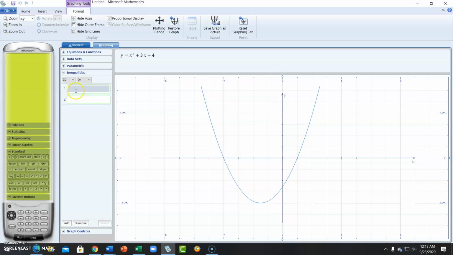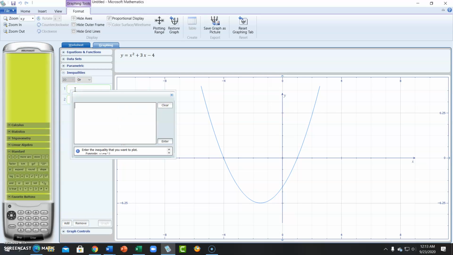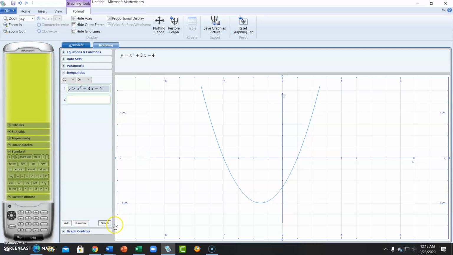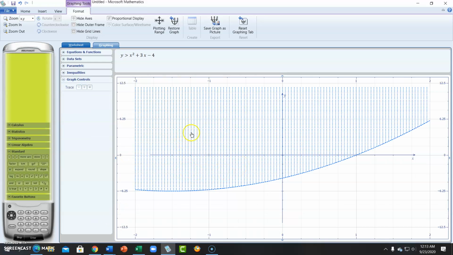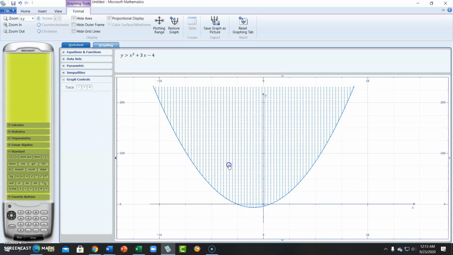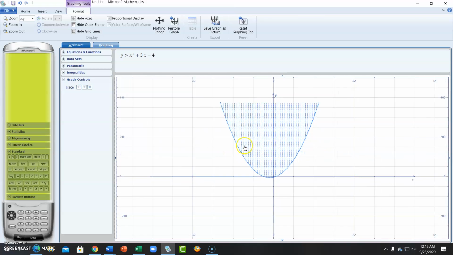I can use inequalities to do this. So I'm going to say y is greater than x squared plus 3x minus 4. I'll press enter, graph, and now I show all the data points for the inequality.